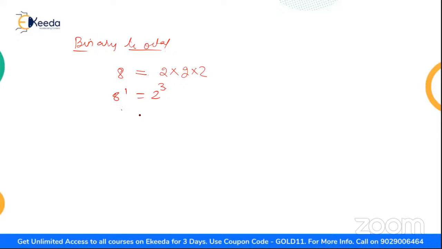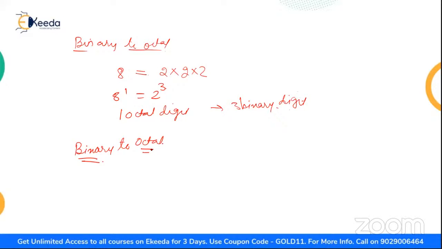So one octal digit gives 3 binary digits. Okay, 3 binary digits. So first of all, we'll see binary to octal.